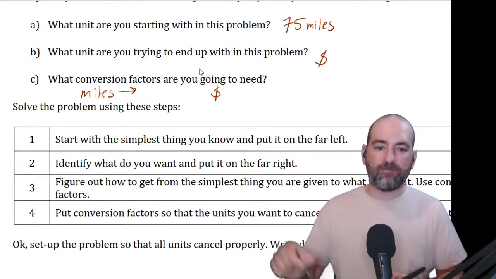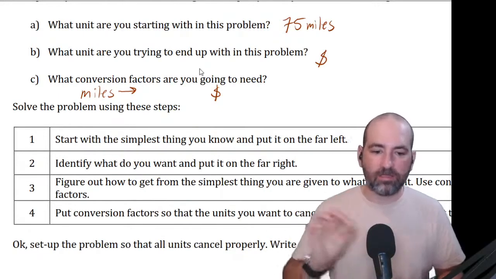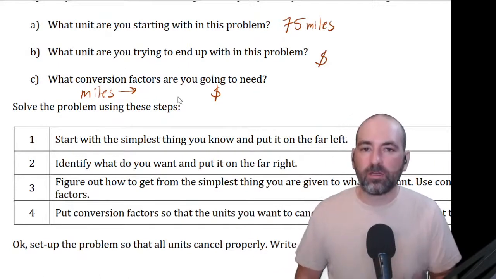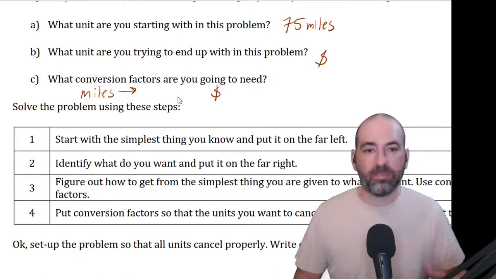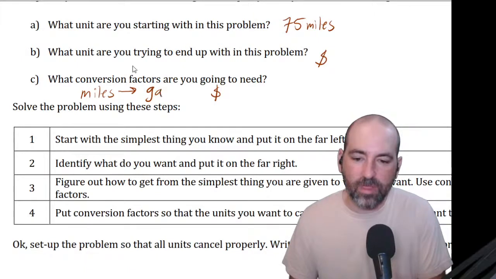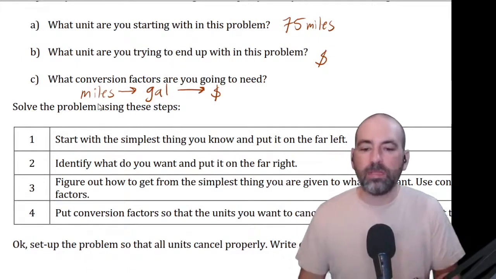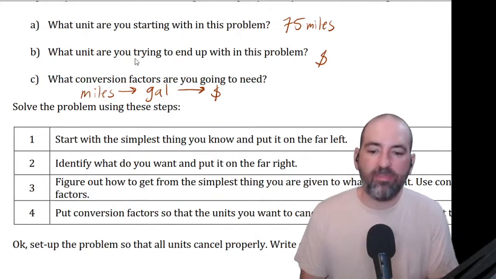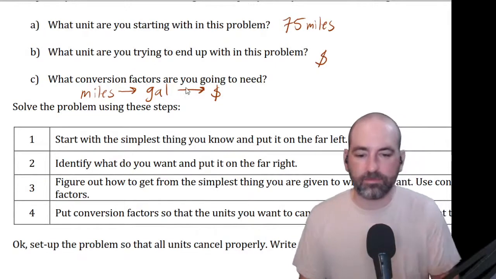So I'm trying to find a path from miles to dollars. And so I can go back and look at my conversion factors, and I notice that I have miles to gallons, and I have dollars to gallons or gallons to dollars. So that tells me that I can get gallons right in the middle there and complete my path. I can start with miles, I can convert to gallons, and then I can convert to dollars.